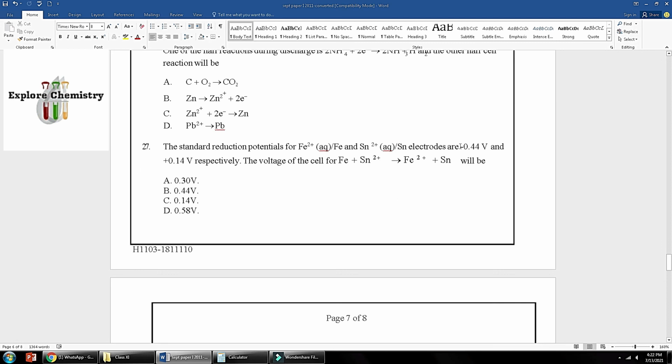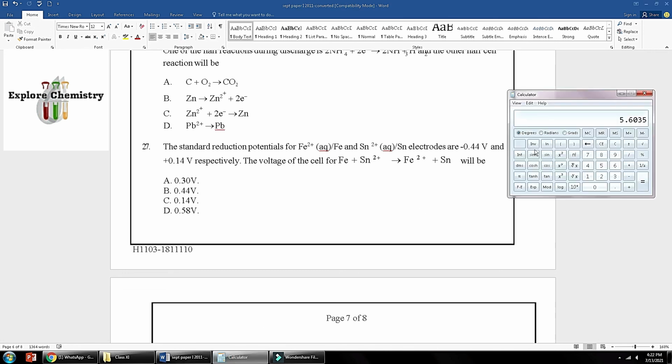This means you have to take the oxidation potential of iron because it has been oxidized in the reaction. Add both the potentials, oxidation potential and reduction potential, and you will get the cell potential value. So oxidation potential will be plus 0.44, because minus 0.44 is the reduction potential, but iron is oxidizing over here, so you have to enter plus 0.44.